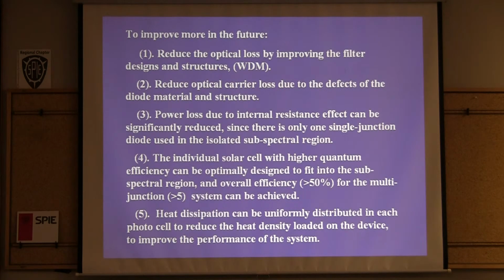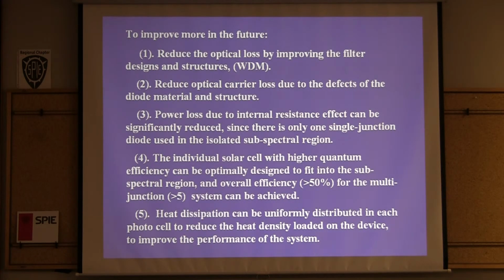Individual solar cells with high quantum efficiency can be optimally designed to fit into the sub-spectral range. For overall efficiency, we hope to get more than 50% with multiple junctions, more than 5, maybe 5 to 10. We can achieve that in the future. Then heat dissipation: with more diodes, 5 to 10, you will not concentrate the heat on one diode.